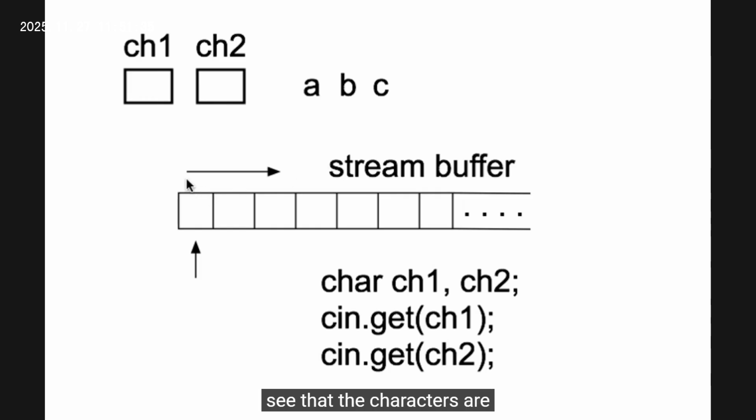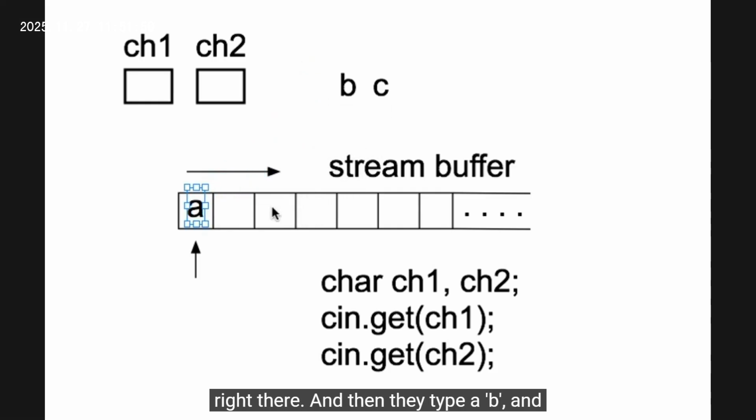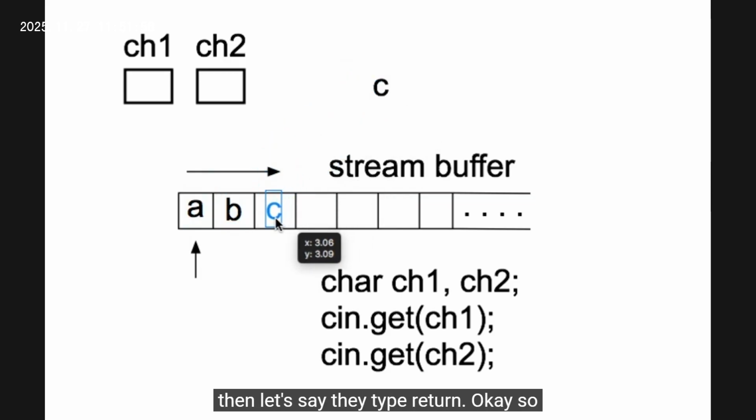You can see that the characters are filled in from left to right in this example. Let's say that the user types A first, so that would be stored right there, and then they type a B, and then a C on the keyboard, and then let's say they type return.